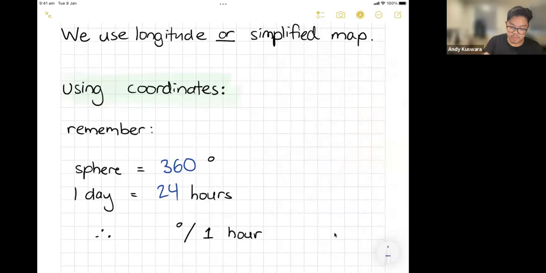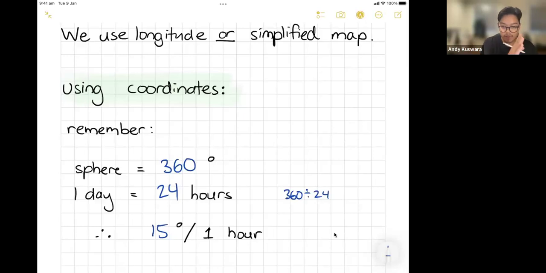To find how many degrees it turns per hour, I just go 360 divided by 24, and the answer is 15. So 15 is our magic number: every 15 degrees represents a 1 hour time difference.